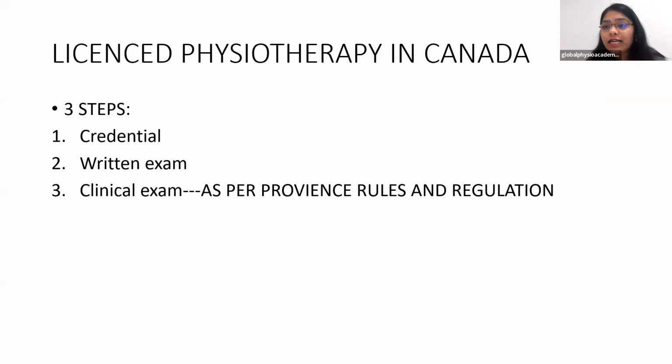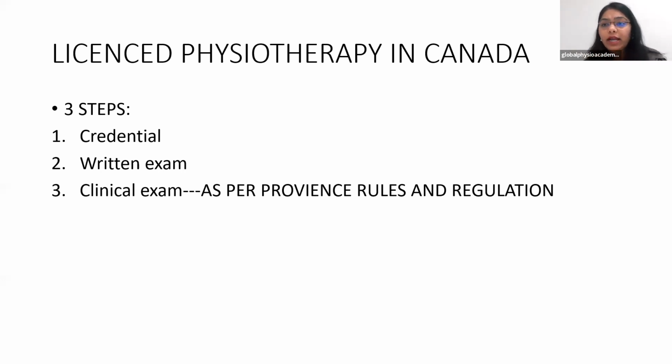And your first target is your written exam. So for the written exam, you need your credential. And that credential you can do as early as possible, mostly in the home country. Even the written exam nowadays is also given from the home country. So I would recommend it.